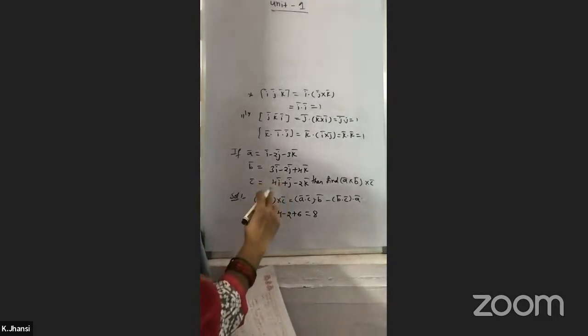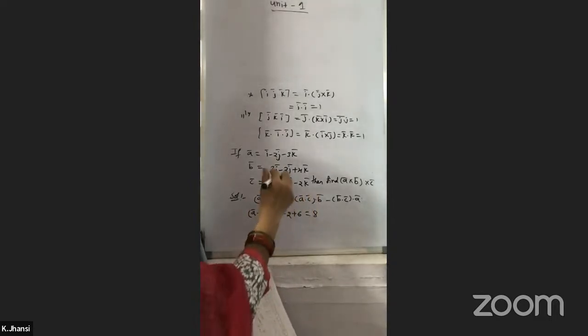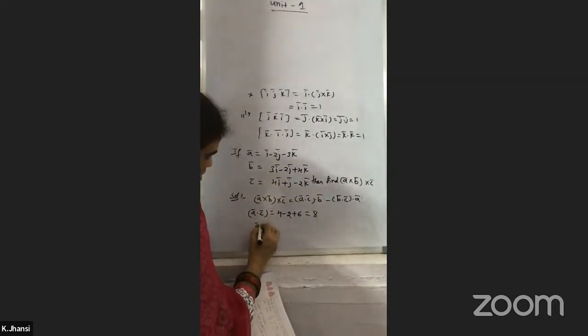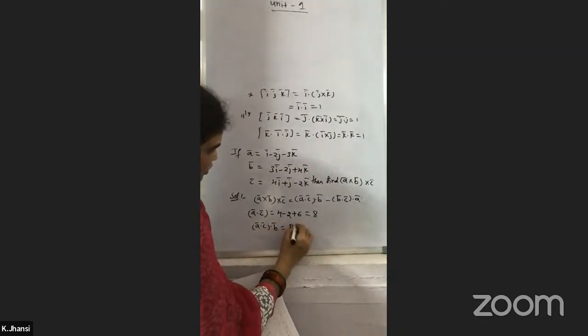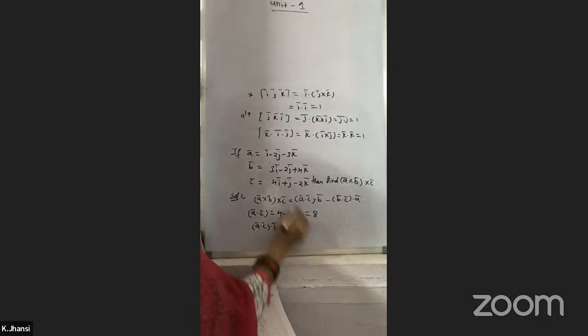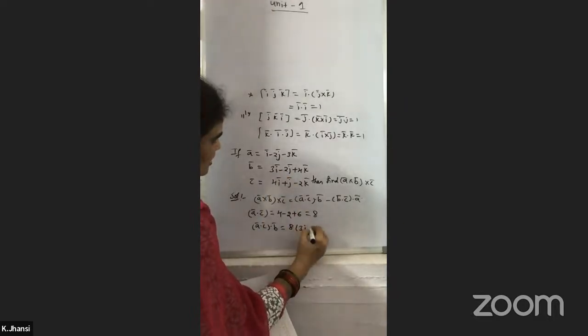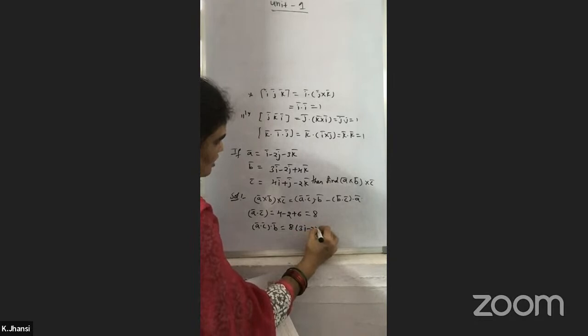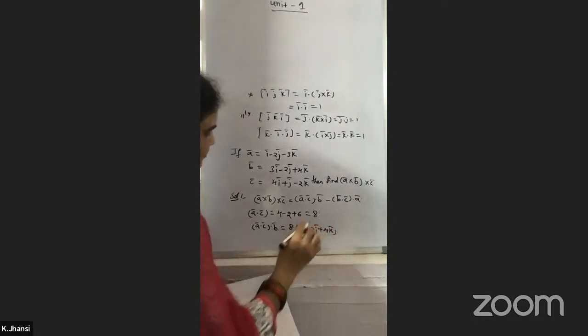8 and A dot C into B. So 8 into what is B? B is 3i minus 2j plus 4k. Okay.